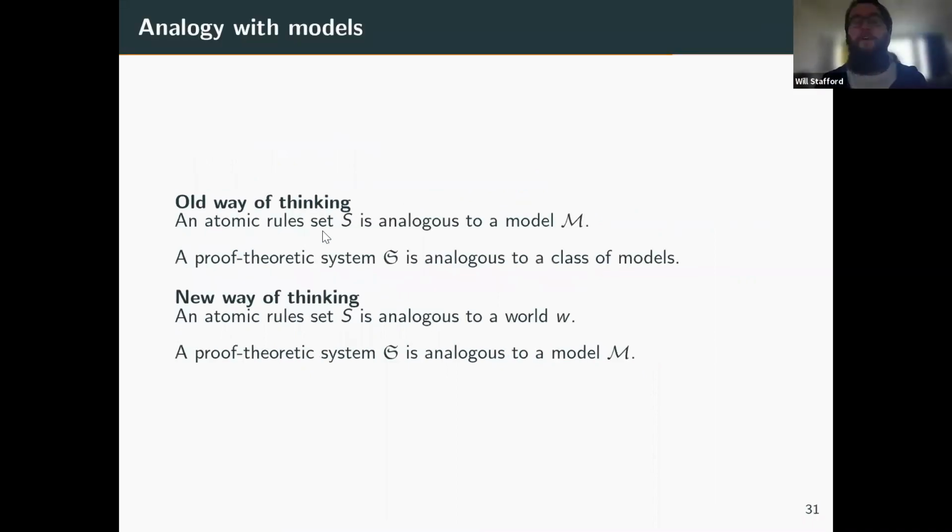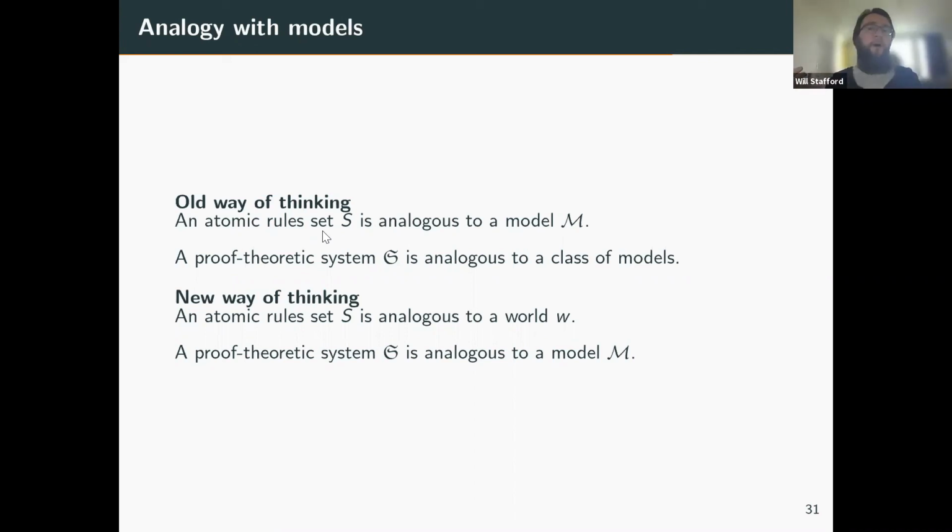So one way of thinking about what's being proposed here is that on the old way of thinking, atomic rule sets were treated as analogous to models, and then proof-theoretic systems were treated as analogous to classes of models. And what I want to do is propose a new way of thinking about it, where atomic rule sets are analogous to worlds, and proof-theoretic systems are now analogous to models.